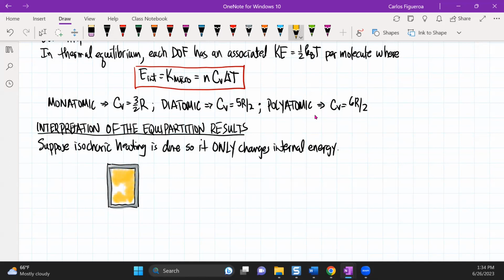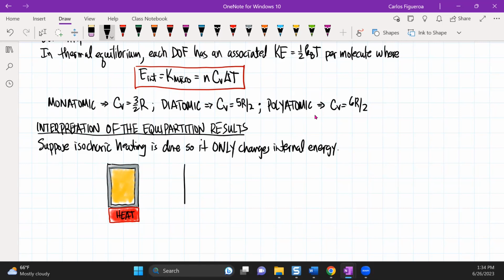Now I'm going to add heat to this, and it is kept at constant volume. The way I keep it at constant volume is that it's a fixed volume. So I'm only going to focus on heating.